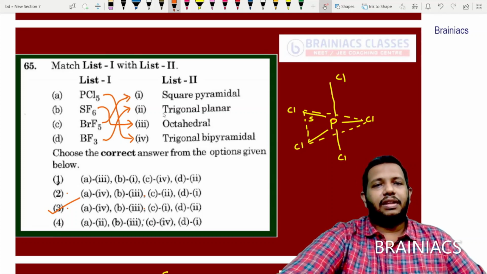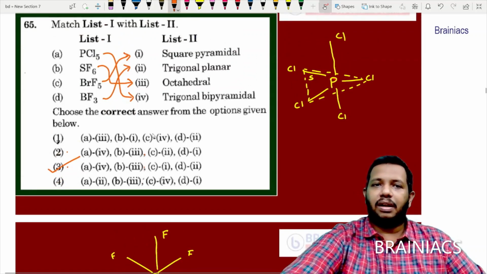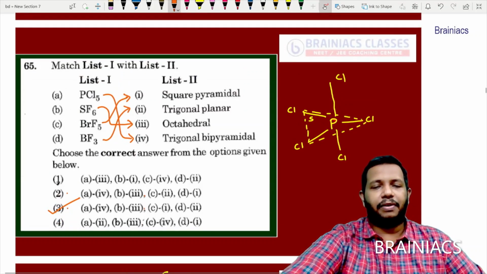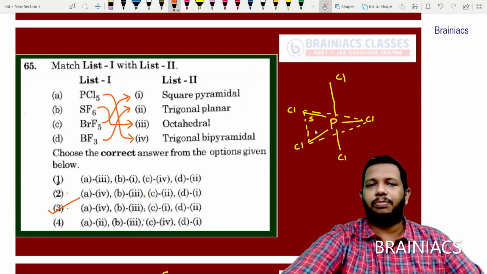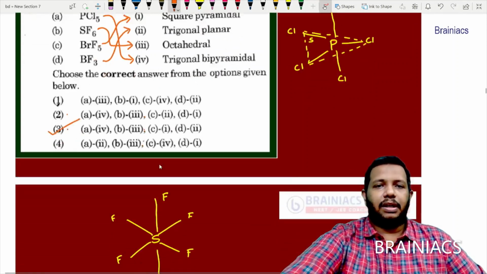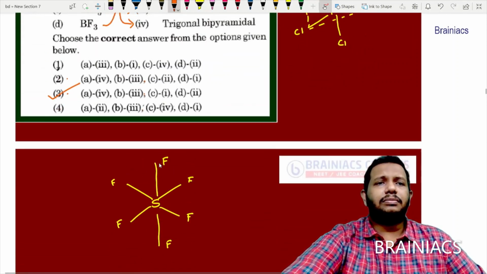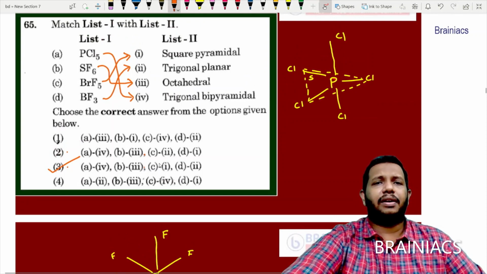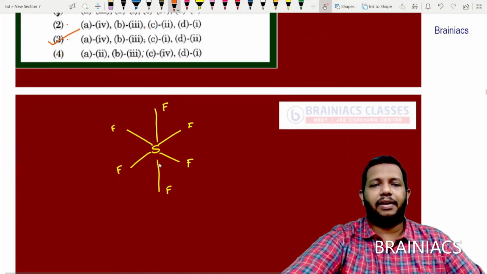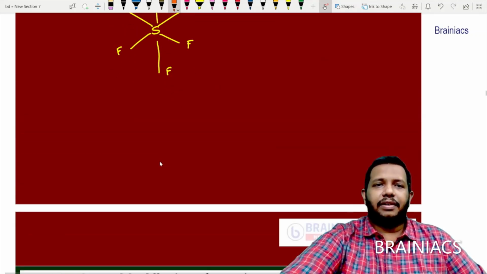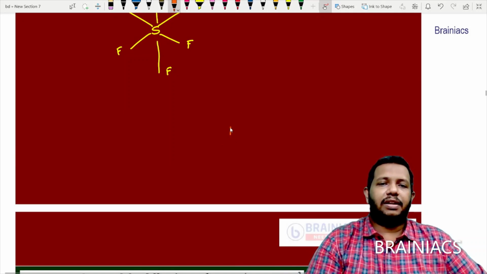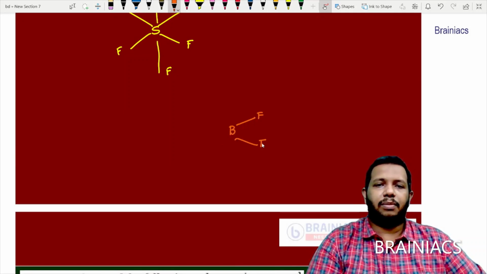All these things, how to calculate them, we are learning in the chapter chemical bonding. We will find out the hybridization and we will see the shape, what it is. I hope it is clear for you. BF3 is trigonal planar, so its hybridization is sp2. We know BF3 has a fluorine atom present like this, so sp2 hybridization is present here.